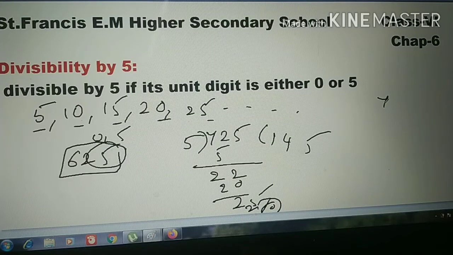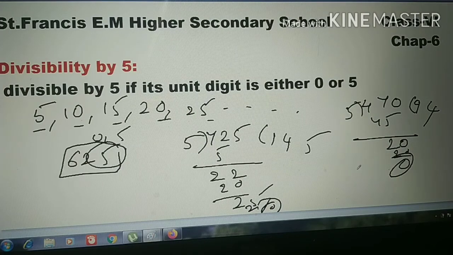Now if you take 470 and I am doing it with 5, 5 nines, 45. What do you get here? 20, 5 fours, 20. You are getting 0, remainder as 0.